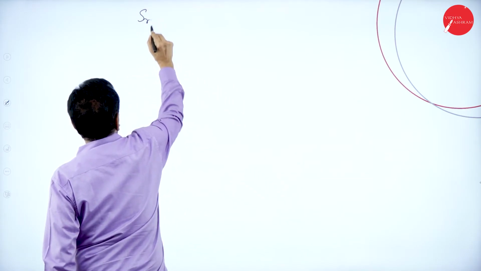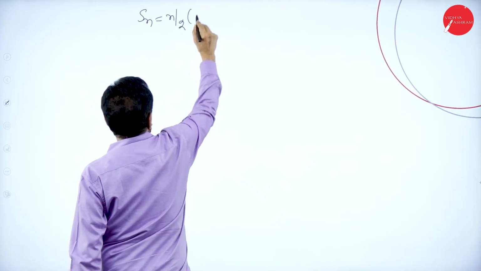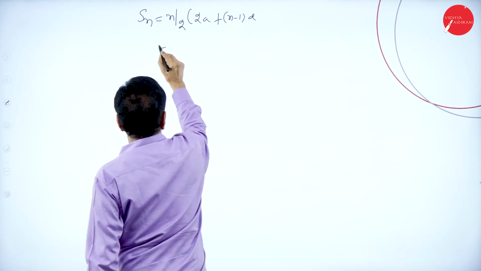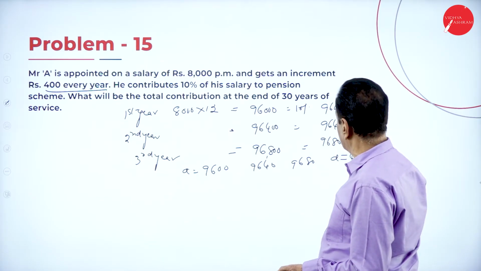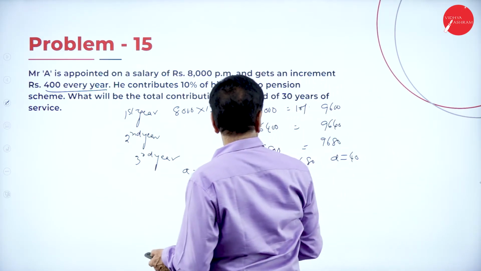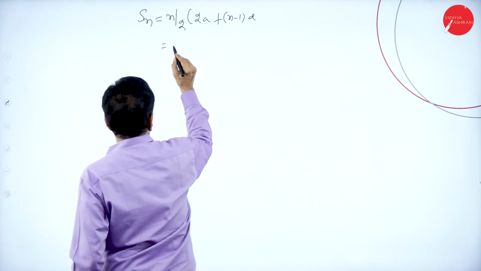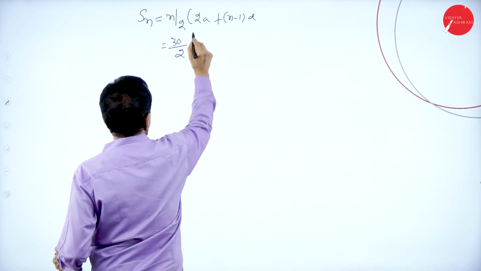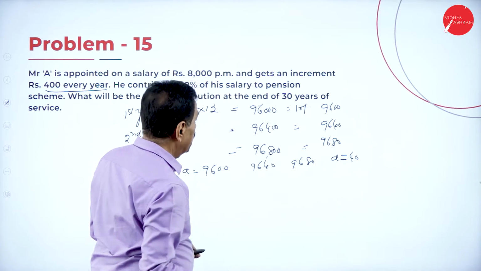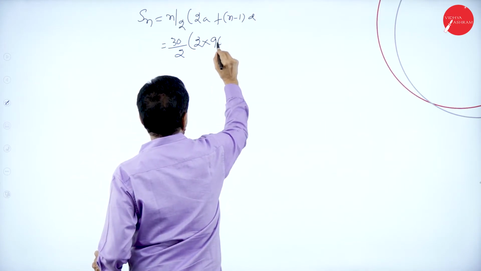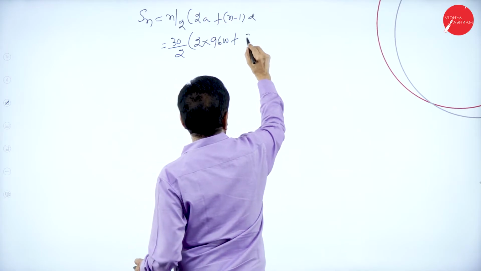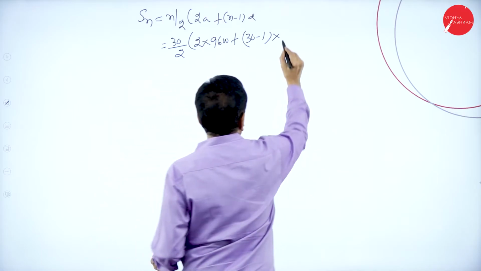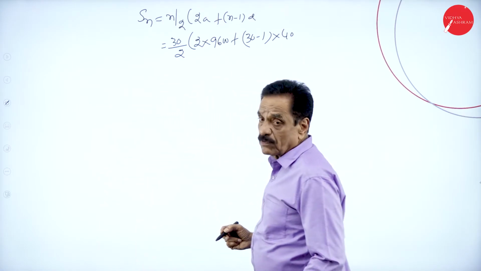Sn is equal to n by 2 into 2a plus n minus 1 d. What's the total contribution at the end of 30 years? What's your first year? 9,600. n is 30 years. So 30 by 2 is 15, into 2 into 9,600 plus 30 minus 1 into the difference, 40.